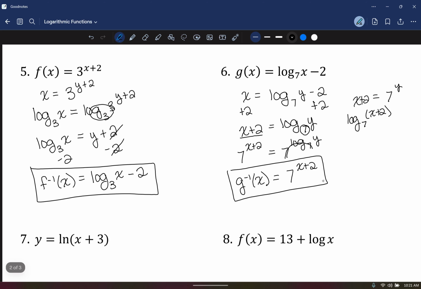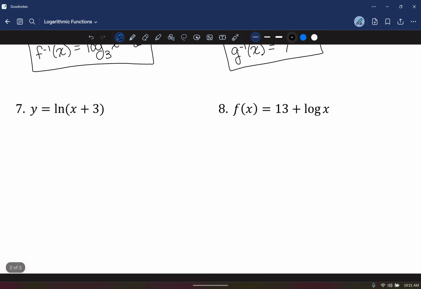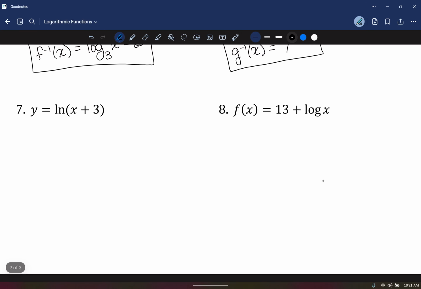All right, number 7, switch your x and y. All right, now my natural log is already isolated. I don't have anything outside of the log on this right-hand side. So I need to use an exponential base of e.